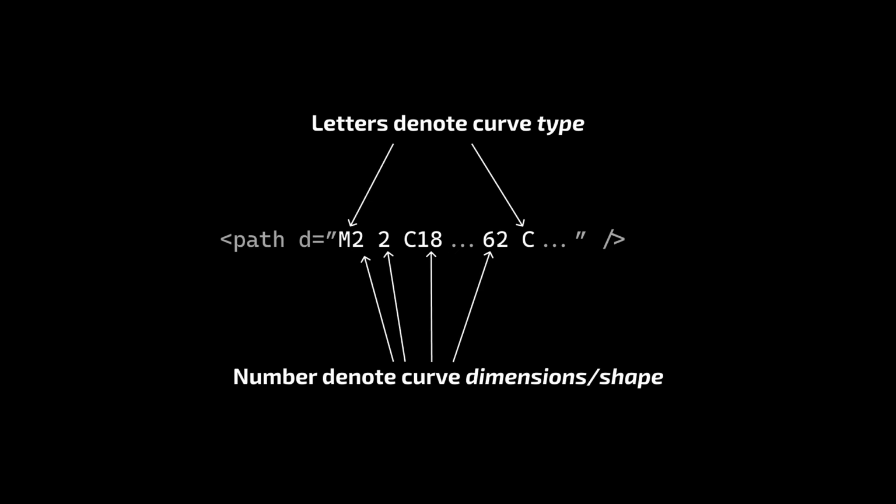So if you want to animate one path into another, it's oftentimes best if it has the same curve types, that means the same letters, and it only differs in the numbers, like in the angles, in the curve lengths, and so on.